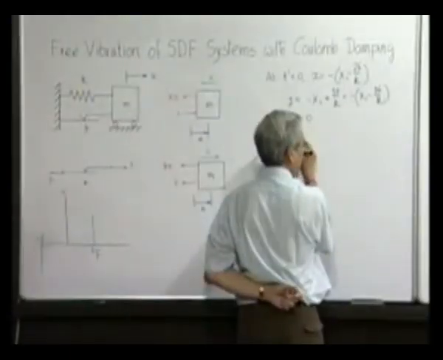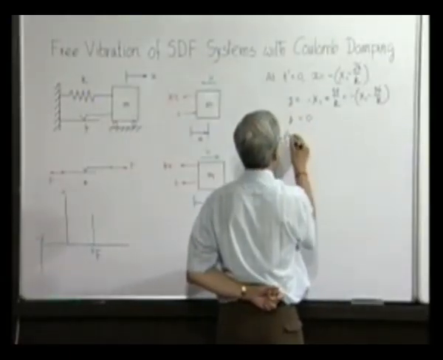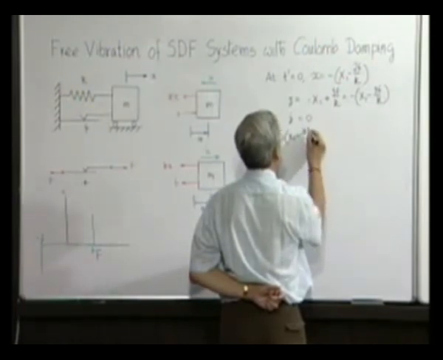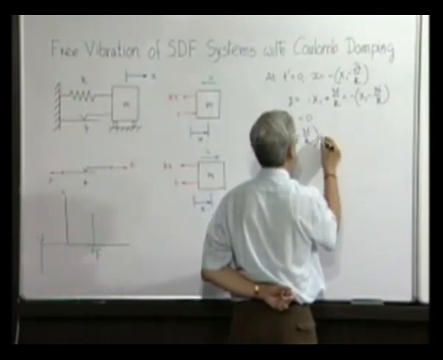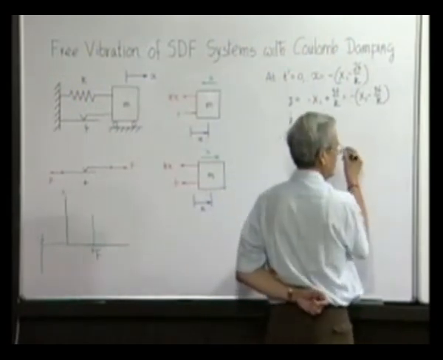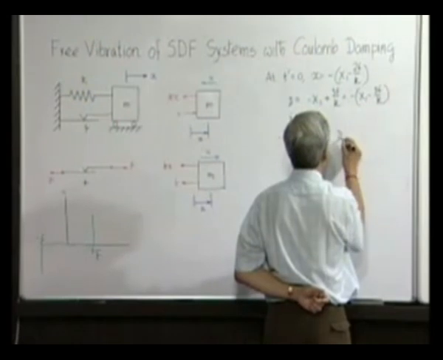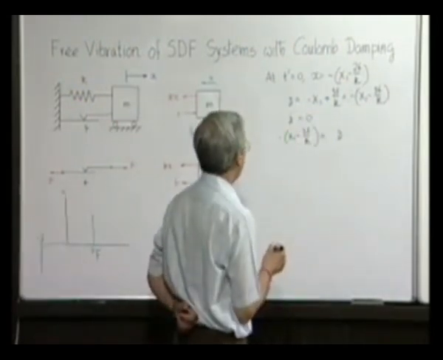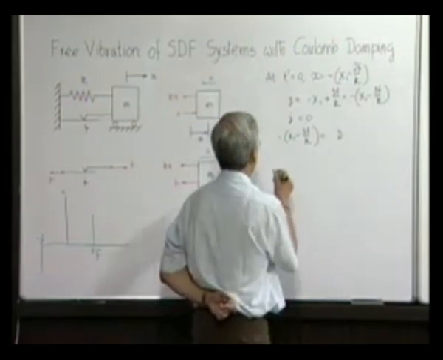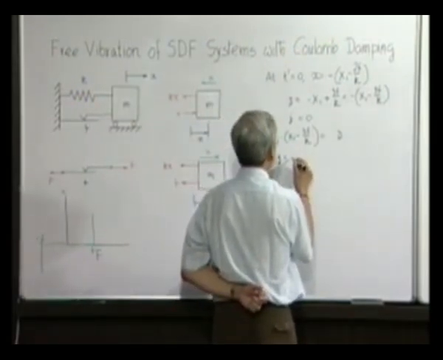Therefore, d, minus x1 minus 3f by k, is the value of z at t prime equal to 0. So, z is equal to minus x1 minus 3f by k times cosine omega n t prime.